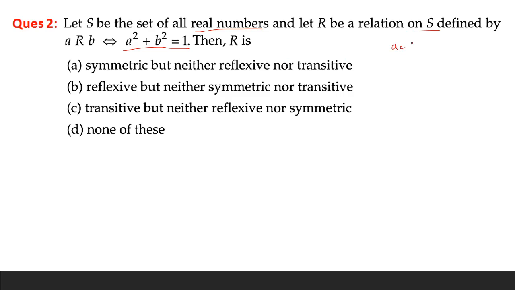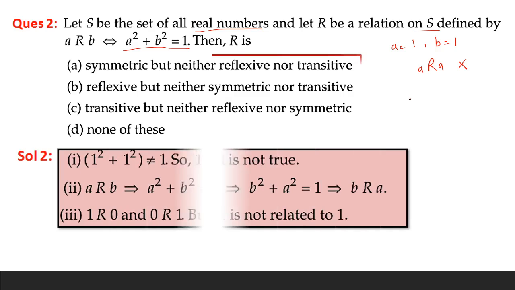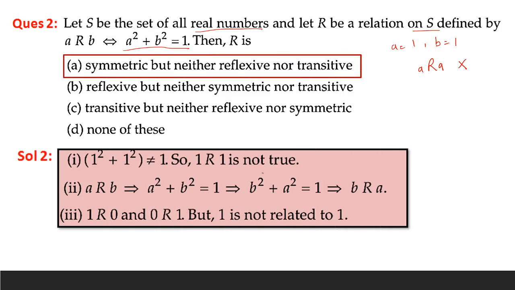If we take a as 1 and b also 1, is it true? No, this is not true. A is not related to A, because 1 squared plus 1 squared is not equal to 1. So 1 related to 1 is not true. It is not reflexive.